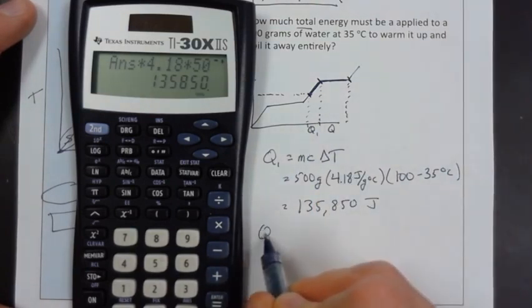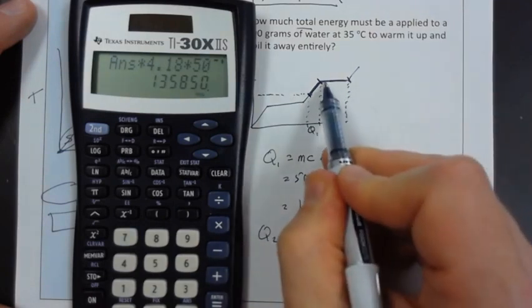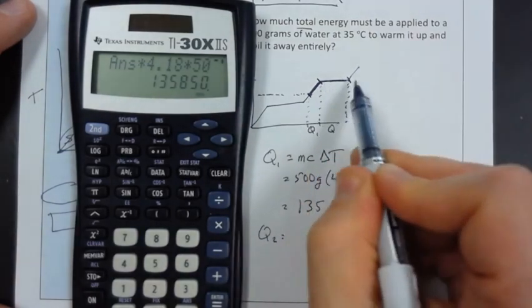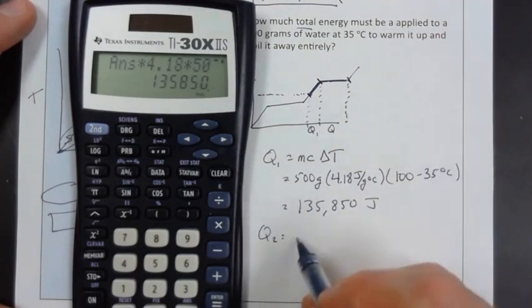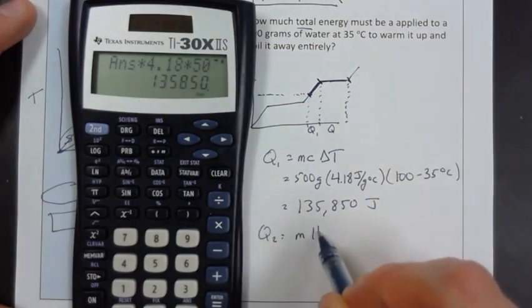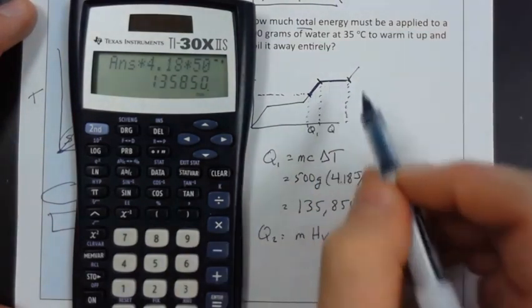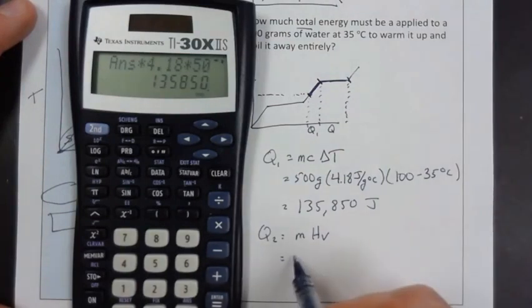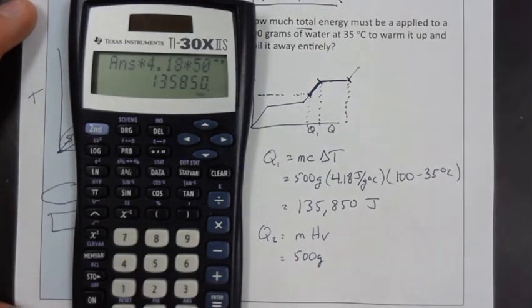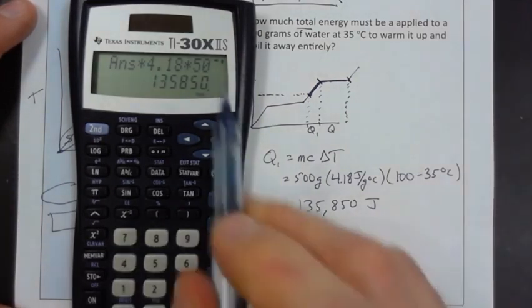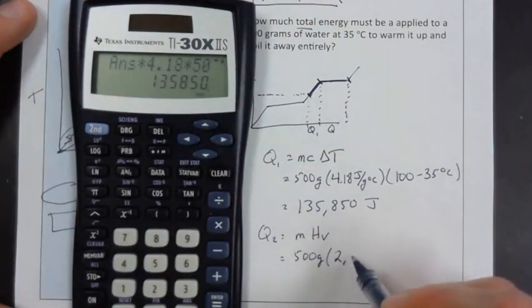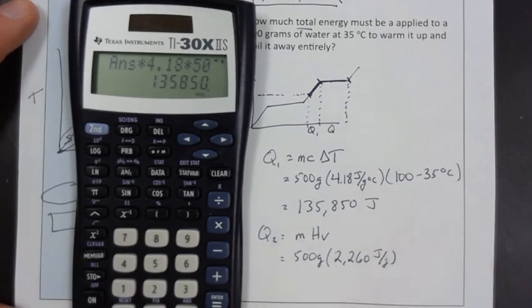So to solve for Q2, where our temperature is constant and the added energy is causing it to boil away entirely, we have to use m H sub V for vaporization. But we're going to use the same mass because we don't lose any, law of conservation of matter, times the heat of vaporization constant for water, which is 2,260 joules per gram.